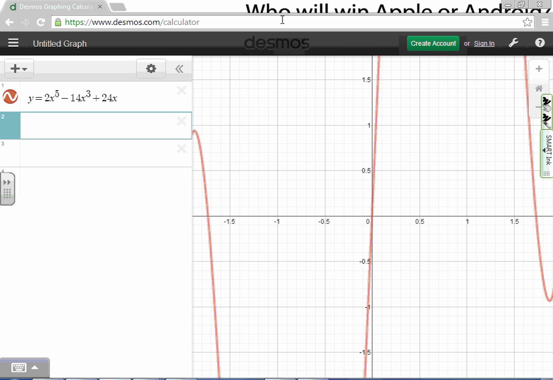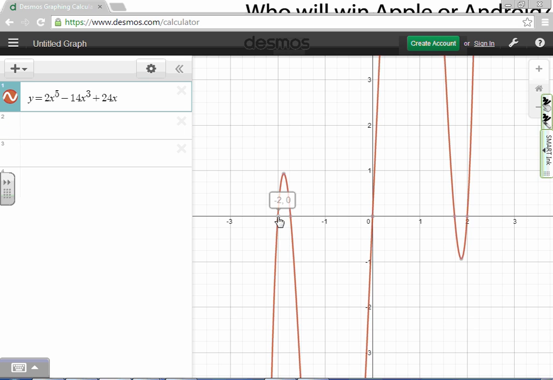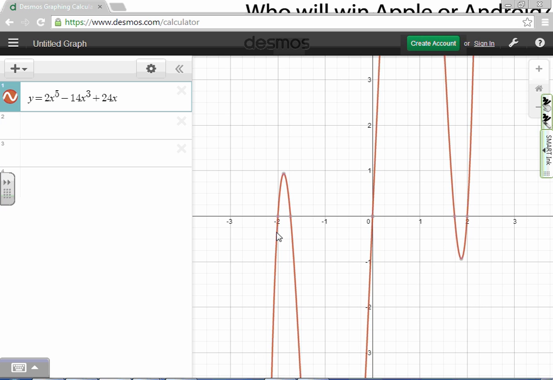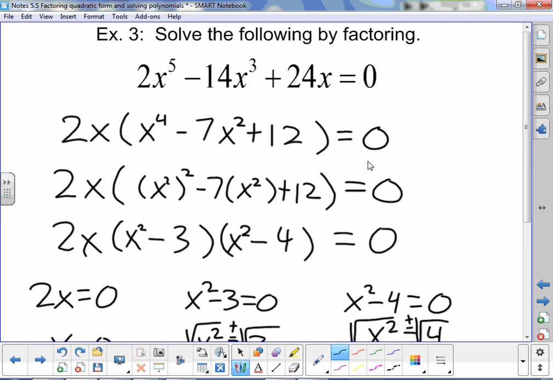Zoom in, too far in, zoom back out. Negative 2 and 2, 1.73 and negative 1.73, so those two are there, and your 0. So that worked out nice and neat.